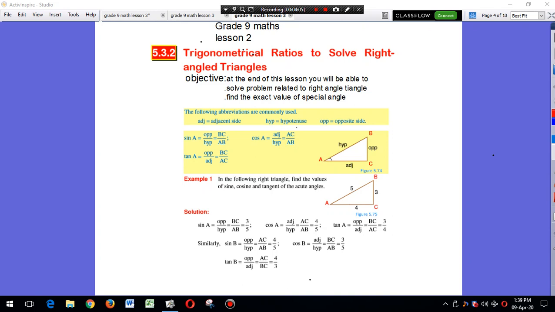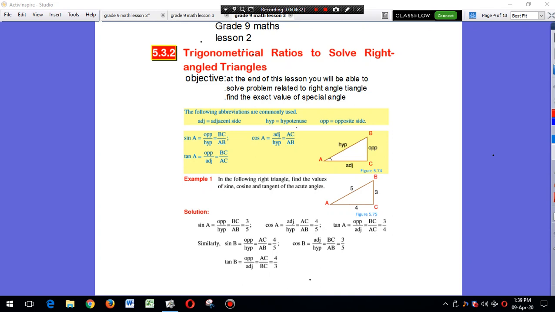In order to do this question, first we should observe the right angle triangle carefully. AB is 5 units, BC is 3 units, and AC is 4 units.